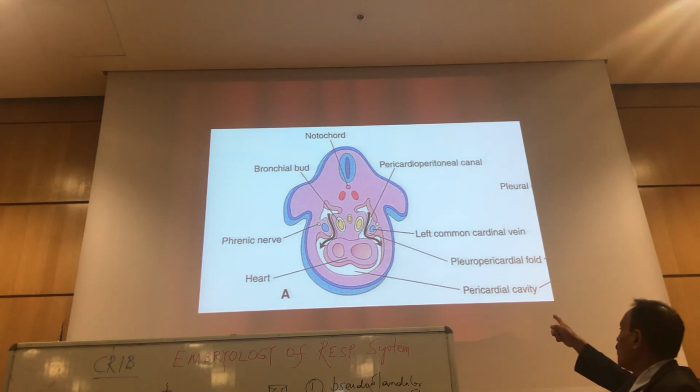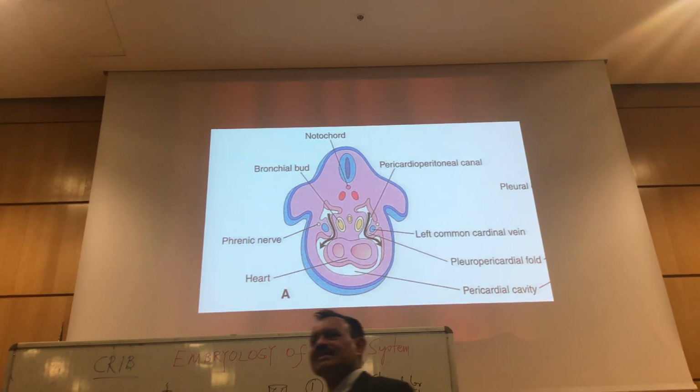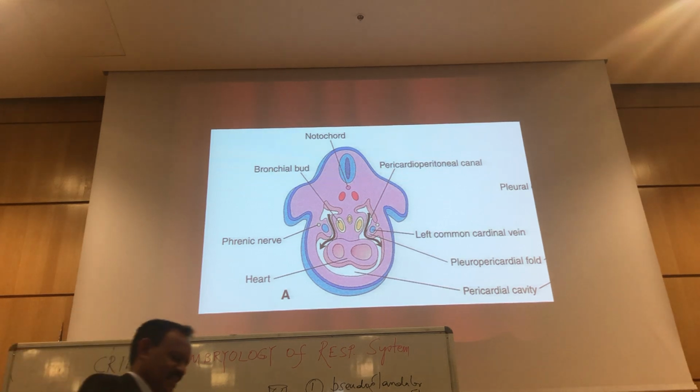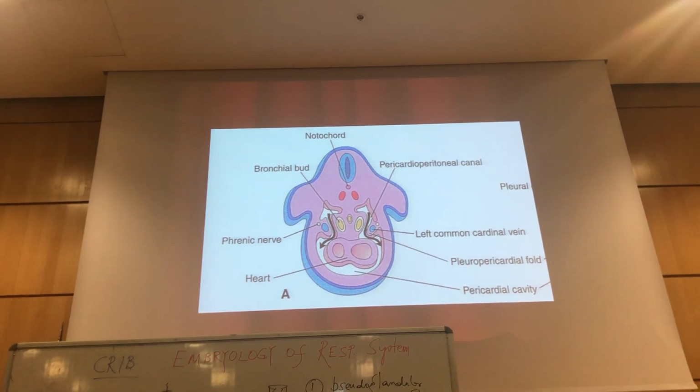What is that little one over there? It is yellow color. So I come back tomorrow then, okay? Neural tube.